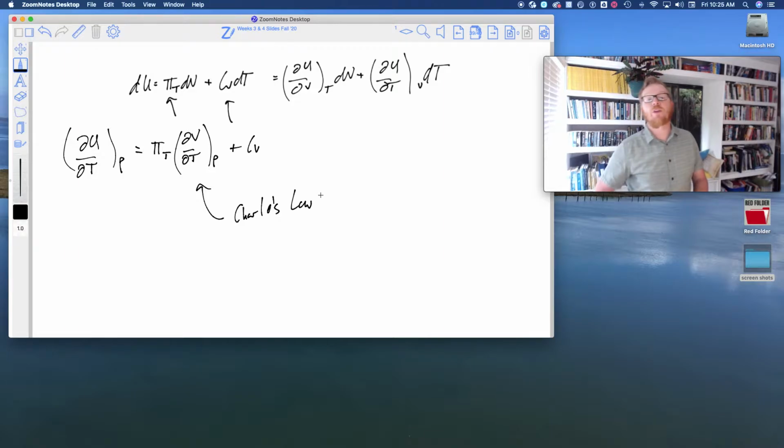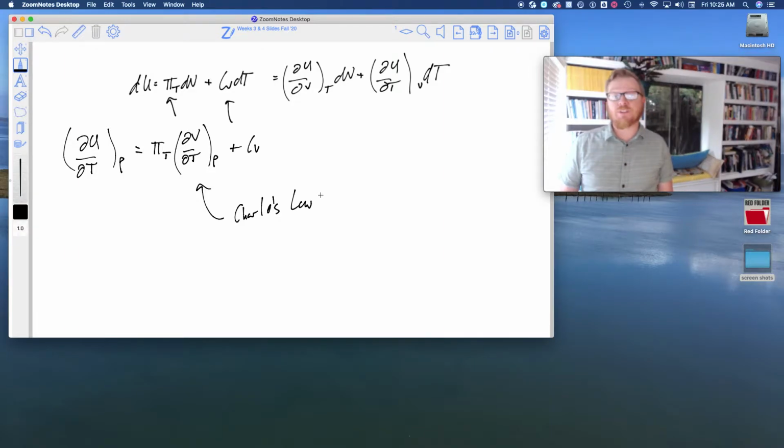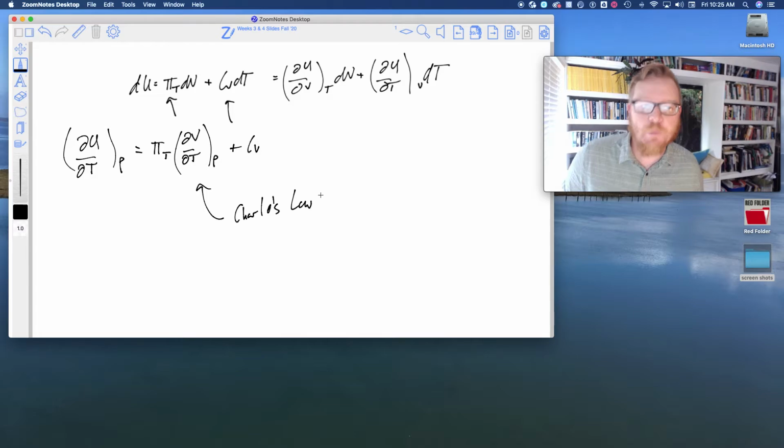There are some other physical observables that manifest from this partial of V with respect to T at constant P. Just like we got out the constant volume heat capacity and the internal pressure, there are two more physical observables. I'm not going to derive them directly, I'm just going to show you the result.